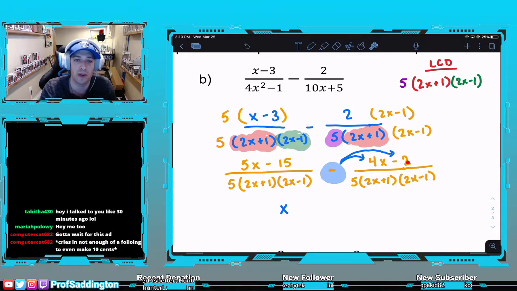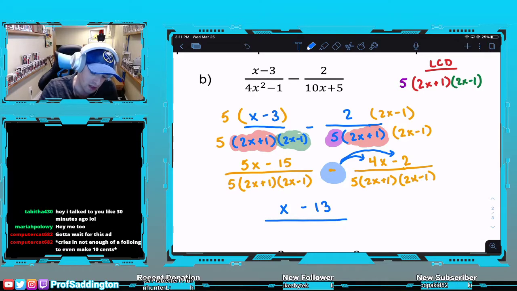So we have to remember, if you have two negatives next to each other, it's really going to turn into addition. So this part right here is really saying -15 plus 2. Well, if you do -15 plus 2, that's going to give you a -13, all over 5 times 2x plus 1 times 2x minus 1.